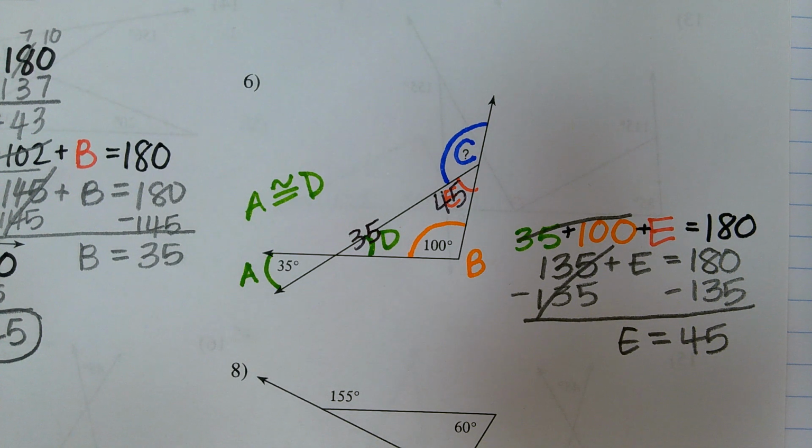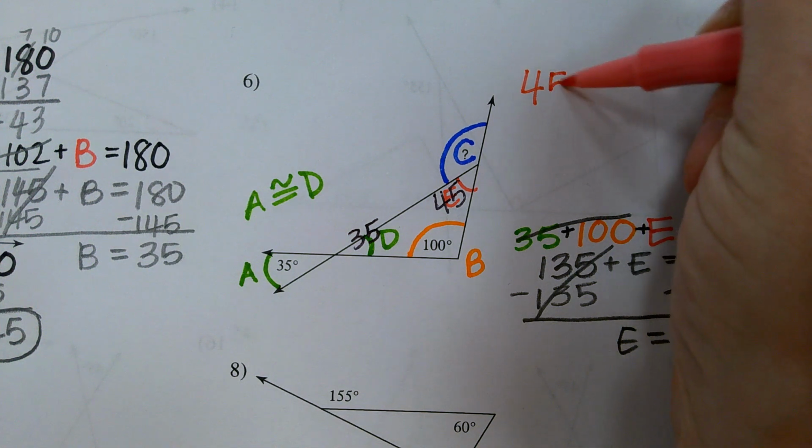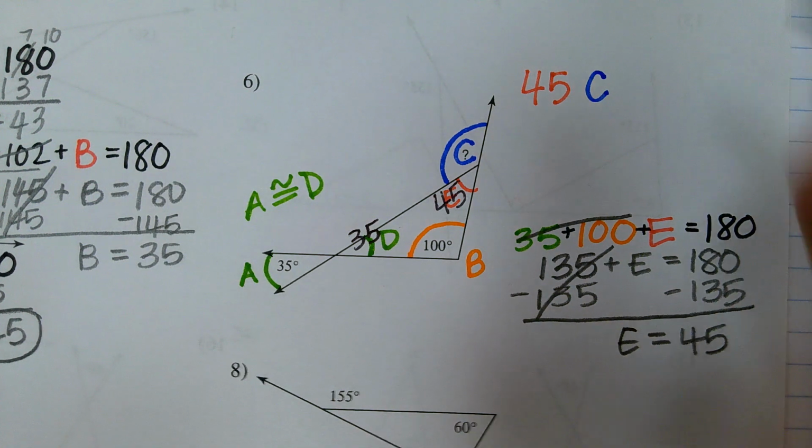Okay. My goal was to find the measure of angle C. Can I do that now? I sure can. How could we set that equation up? 45 plus C equals 180.